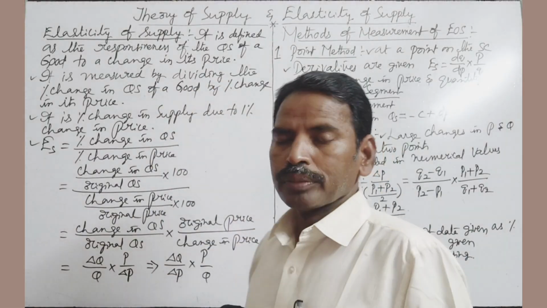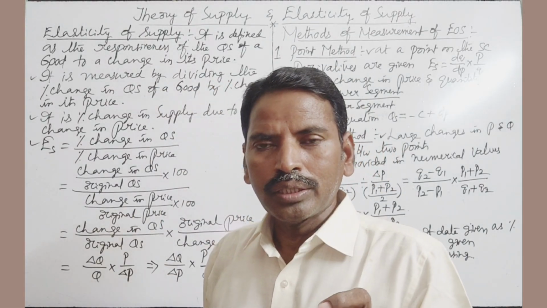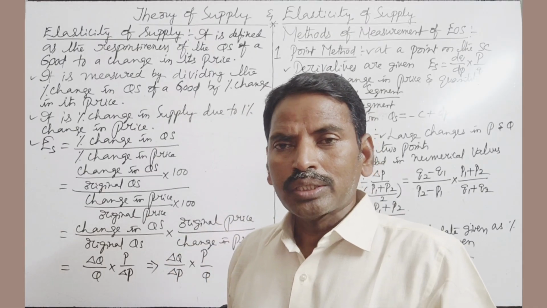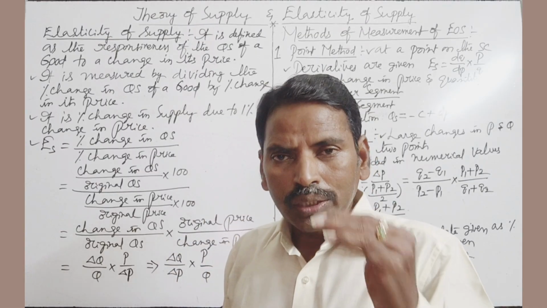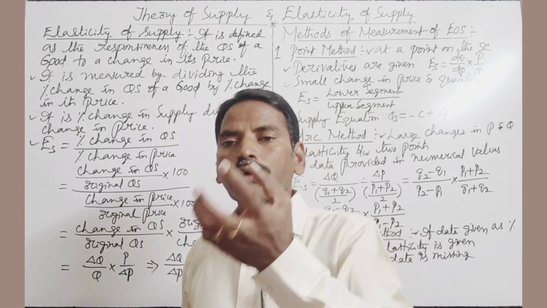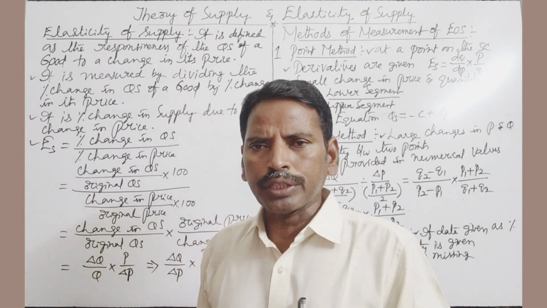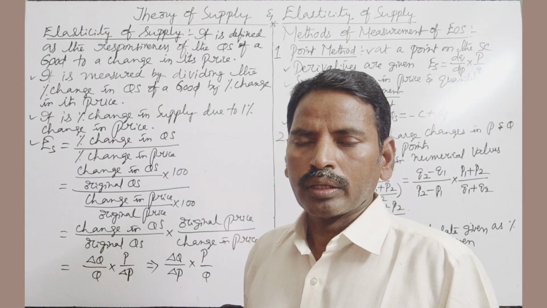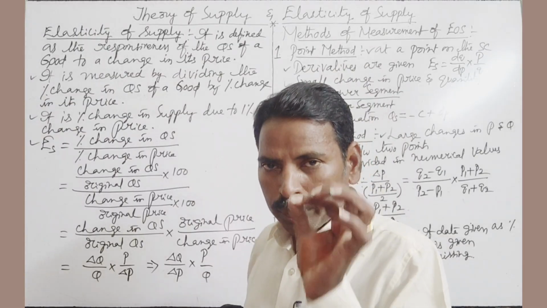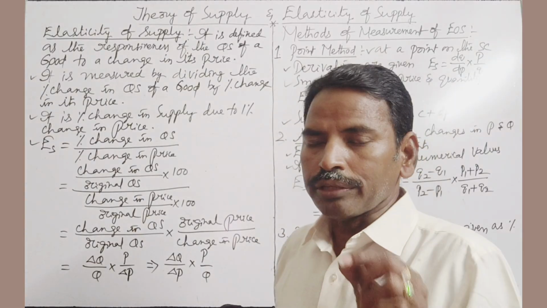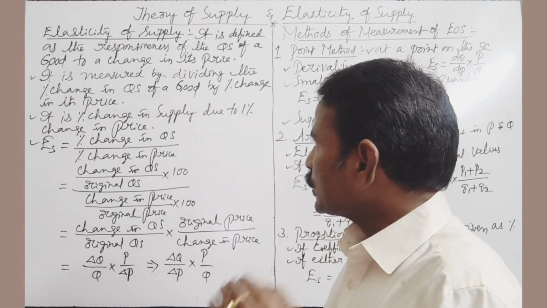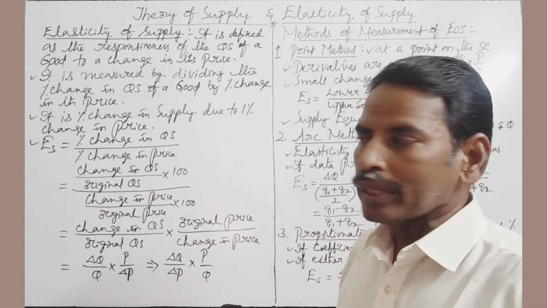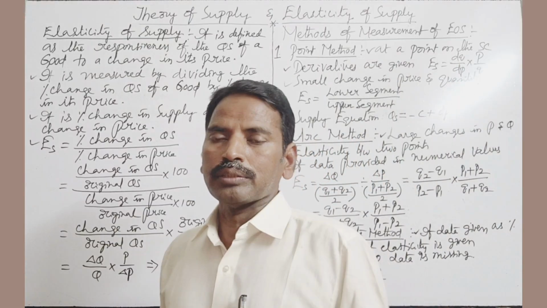Elasticity of supply. Elasticity means responsiveness. Elasticity means sensitiveness. Elasticity means degree of change or rate of change or percentage change or change. So elasticity of supply is defined as the responsiveness of the quantity supply of a good to a change in its price.